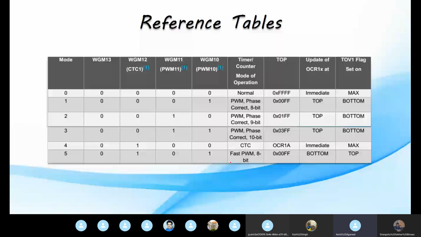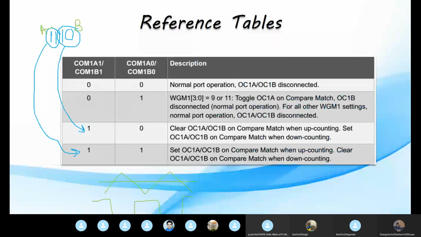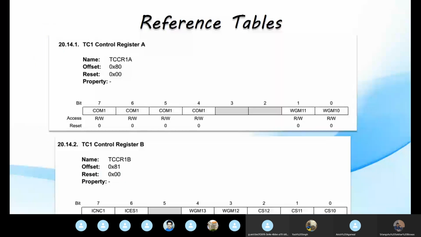All right, you see here WGM13 and WGM12 as 00, and WGM11 and WGM10 as 11. Move to the TCCR1A and TCCR1B table.